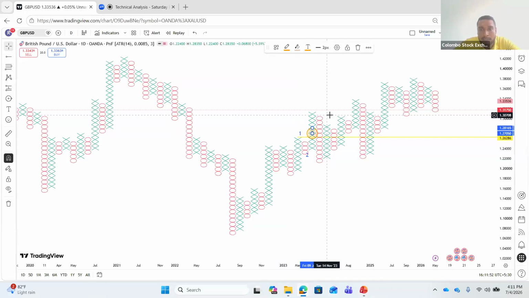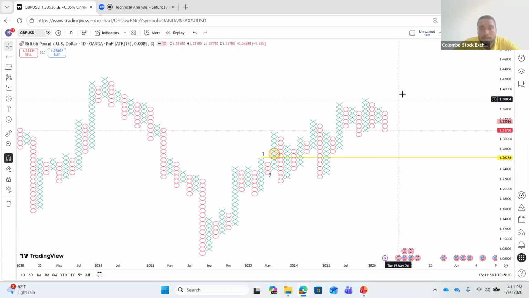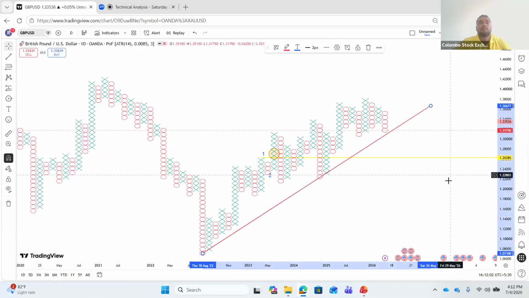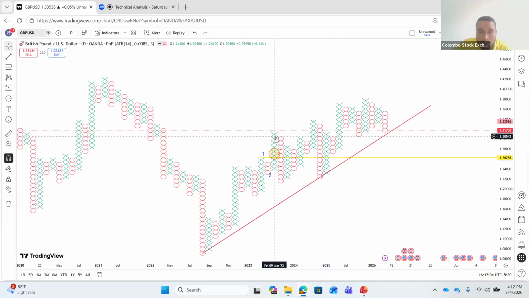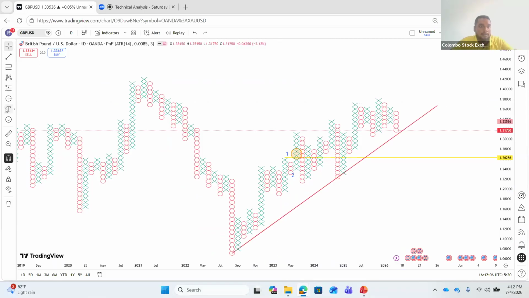After that, what we can expect is the price to go up like this. Here also the price is moving in a trend, and you can mark a trend like this. This is called a double top buy signal. These are everywhere on the charts.